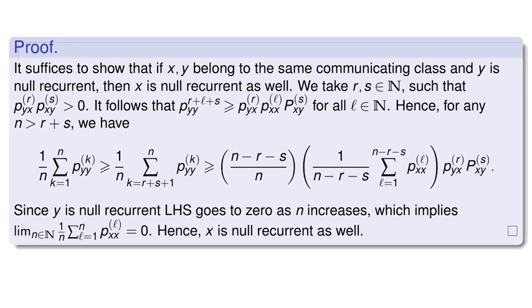Since y is null recurrent, the left hand side, the Cesaro sum for y, goes to 0 as n increases.